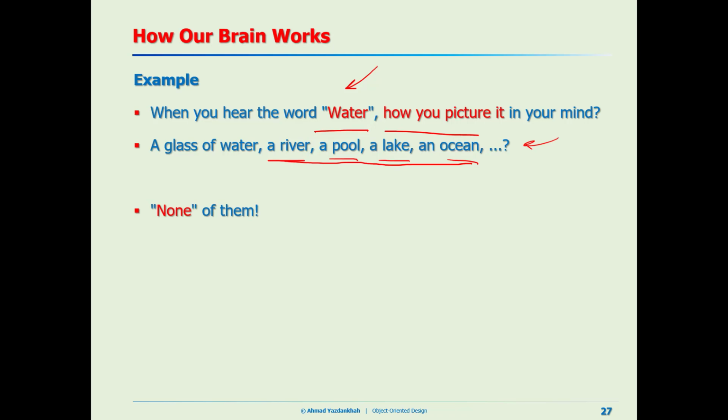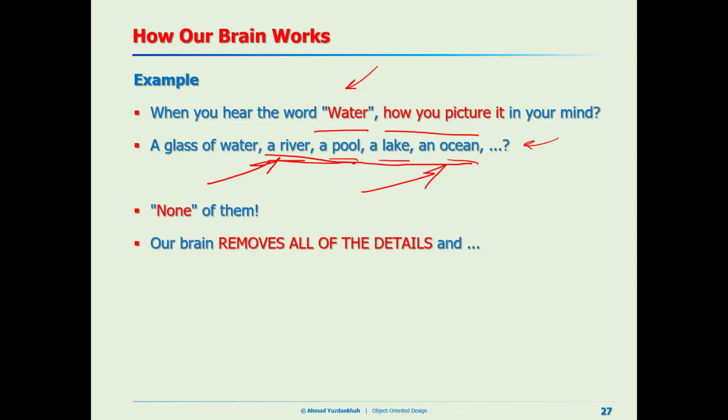The fact is the brain removes all of the details of these things. When you were a kid, you saw a river, a pool, a glass of water, and probably an ocean, right?